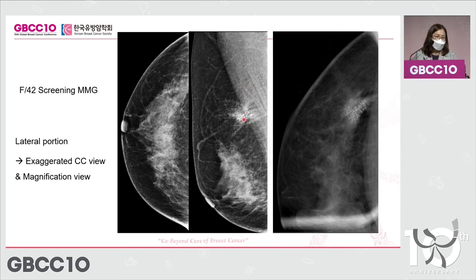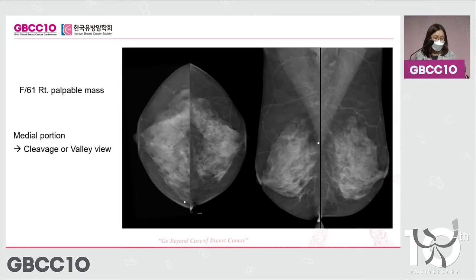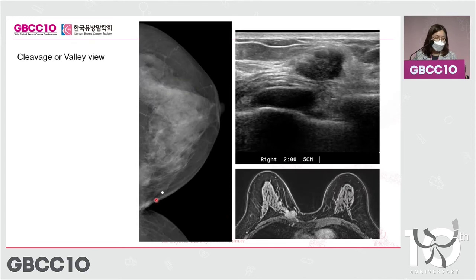So mammograms need to show both sides so that we can locate where the lesion or the calcification is. This is another patient who came with a palpable mass, and we can see that there are markers on this image. But even using markers, the lesion was not present in this image. The reason being the lesion was too deep.